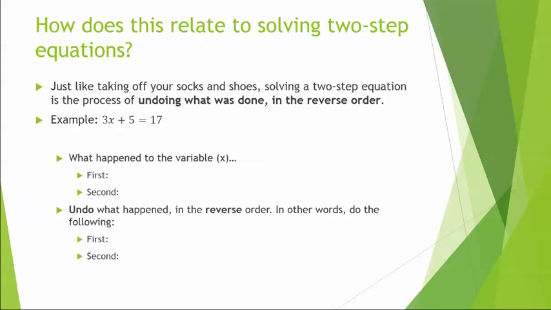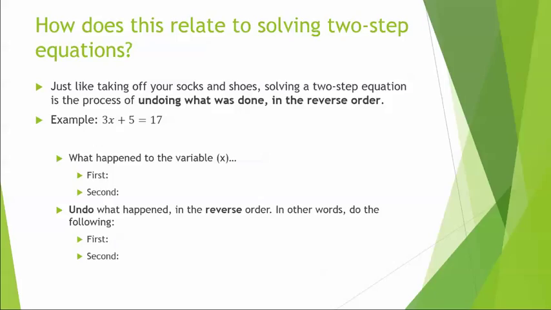Okay, so let's see how that applies. Just like taking off your socks and your shoes, we need to solve a two-step equation in this process of undoing what was done in the reverse order. So how does this relate to solving two-step equations? Solving a two-step equation is the process of undoing what was done in the reverse order.